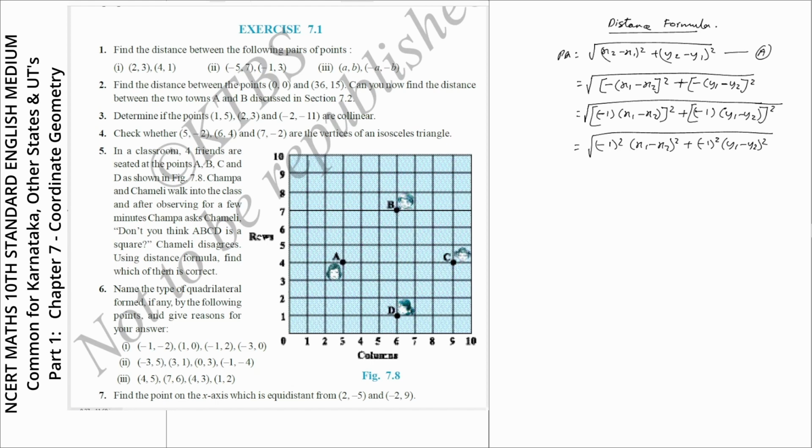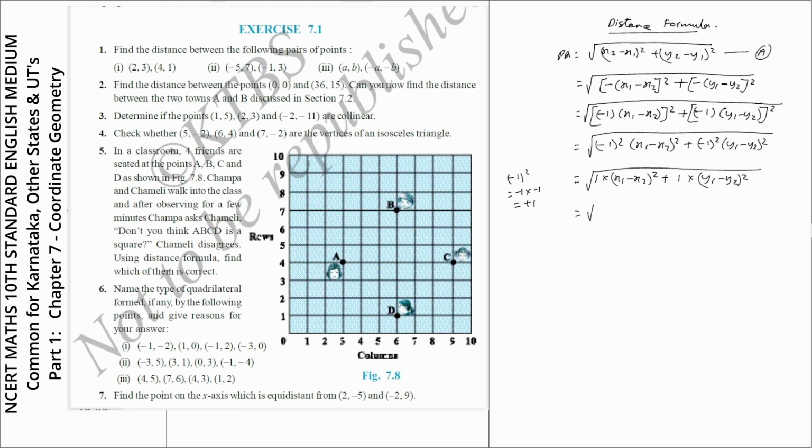Now here you can see minus 1 the whole square is minus 1 into minus 1. Minus 1 into minus 1 is plus 1 I will get. So this becomes plus 1 into x1 minus x2 the whole square plus here again 1 into y1 minus y2 the whole square.